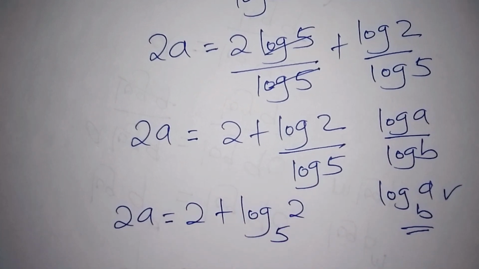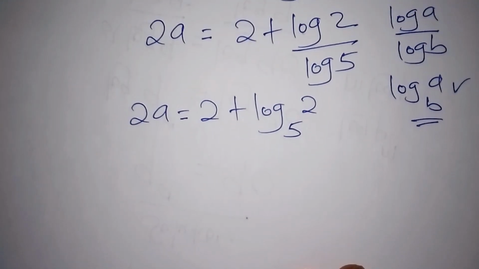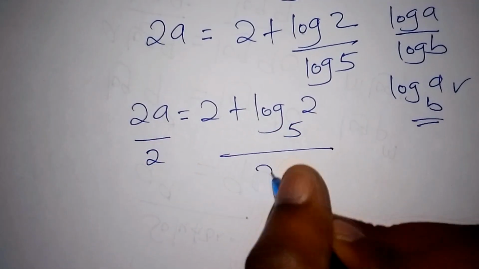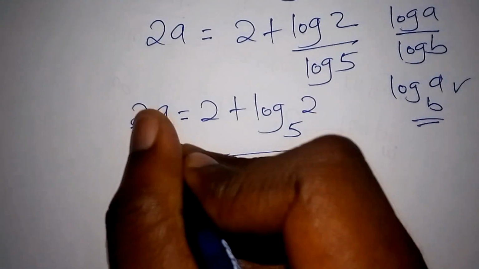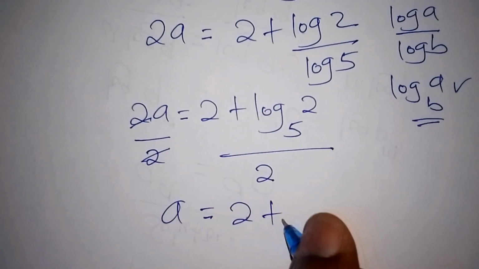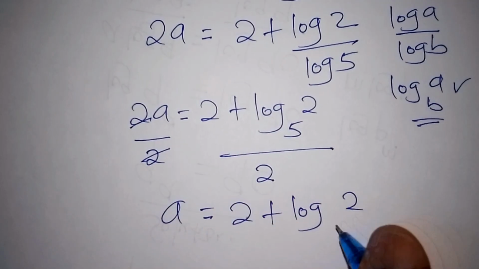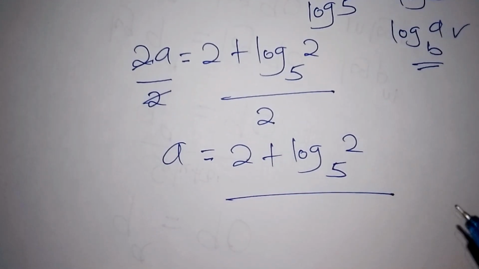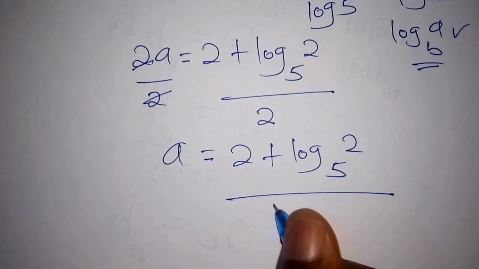Let's now remain with a alone because we are looking for the value of a. So we divide both sides by 2, and 2 by 2 cancels. So now a is equal to 2 plus the log of 2 to the base of 5, all over 2.